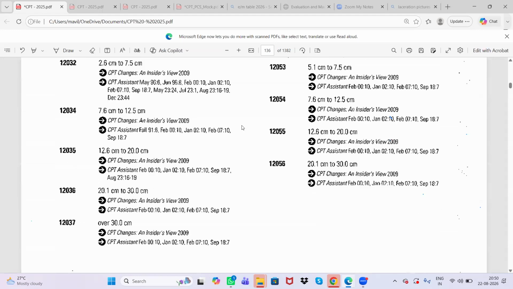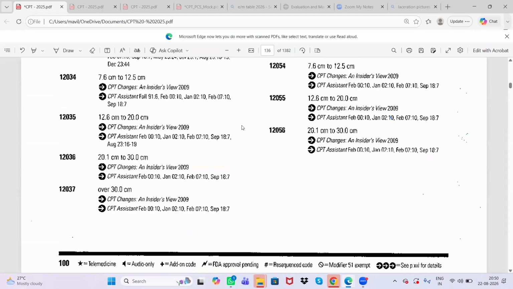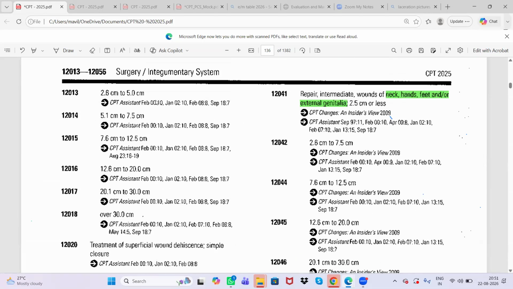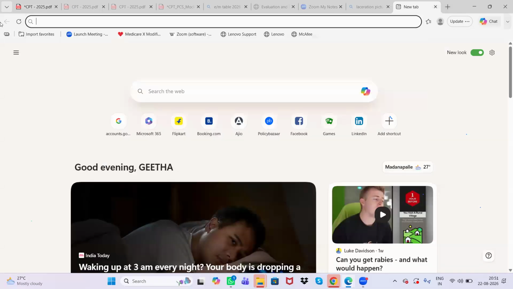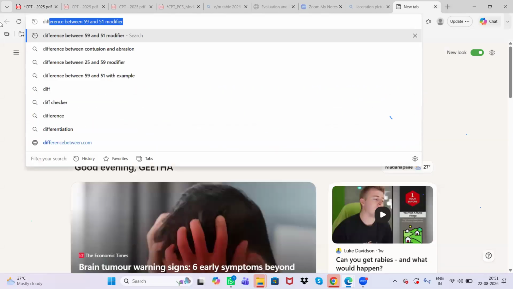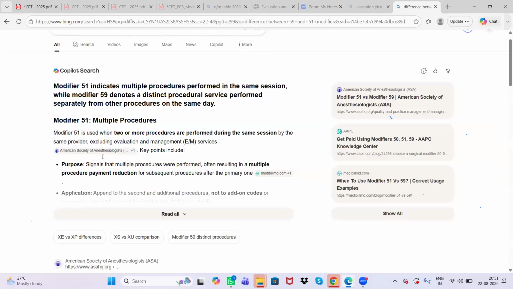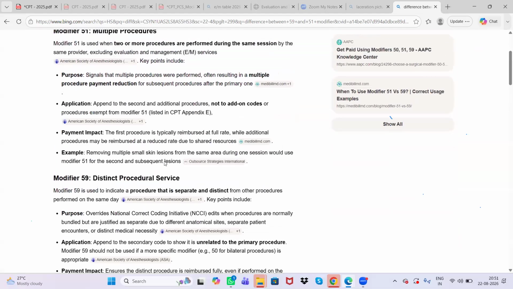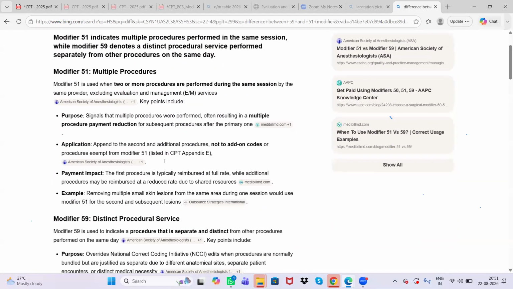Any doubts? Ma'am, when do we have to code the 51 or 59 modifier? Okay, let me discuss. 51 is multiple procedures.